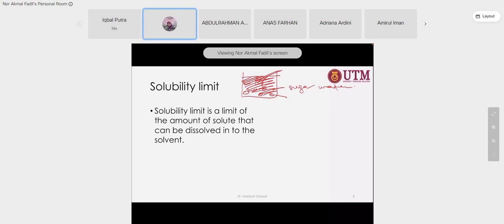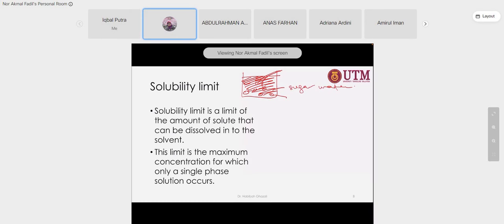What does it mean? It means that there is a limit to the amount of sugar in the water, the limit of the solubility of sugar in water. This limit is the maximum concentration for which only a single phase solution occurs.